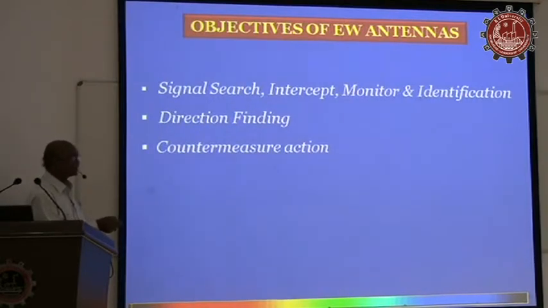Once you know that some signal is present, then we should know its direction. That is why we need antennas for direction finding. Once you know the signal presence, its characteristics, then its direction, then we have to take countermeasure action. That means antennas are required for countermeasure action or jamming. So these are the main functions of the EW antennas.